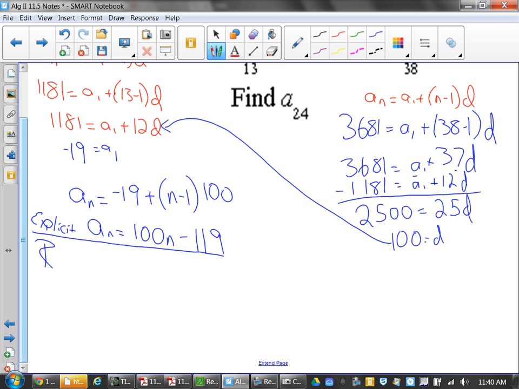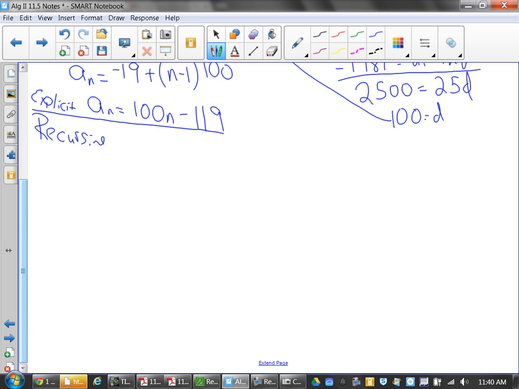In recursive, I feel like I should write that in cursive. The recursive, it's not really that much better, sorry. You start with a sub n, will be the term prior to it.